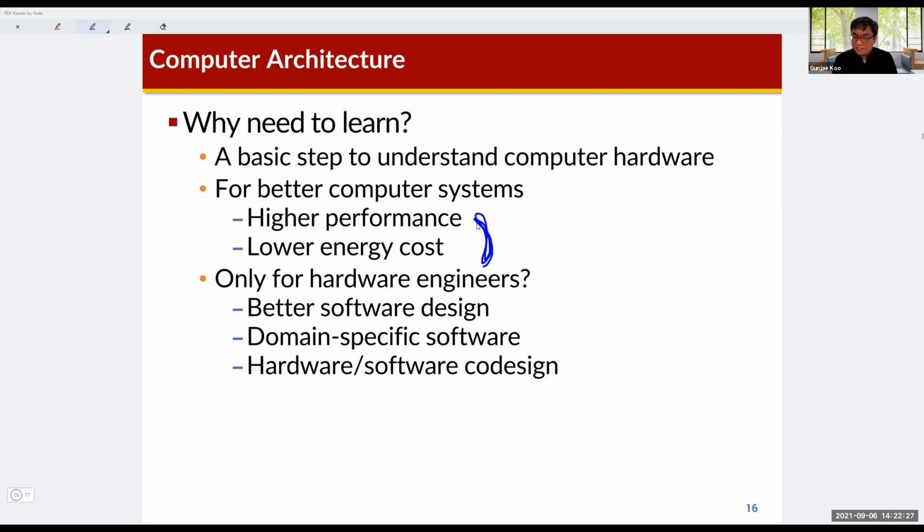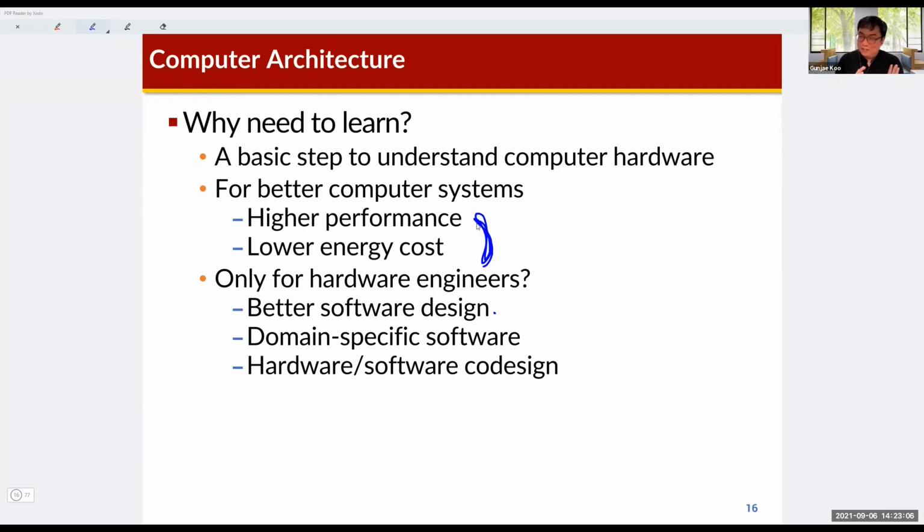For better software design, recently the computer systems are advancing, which means the computer hardware is changing. For example, we need to use the GPU for better machine learning systems or neural network applications, right? And in order to run our machine learning or neural network applications faster, we need to understand how the GPU works.